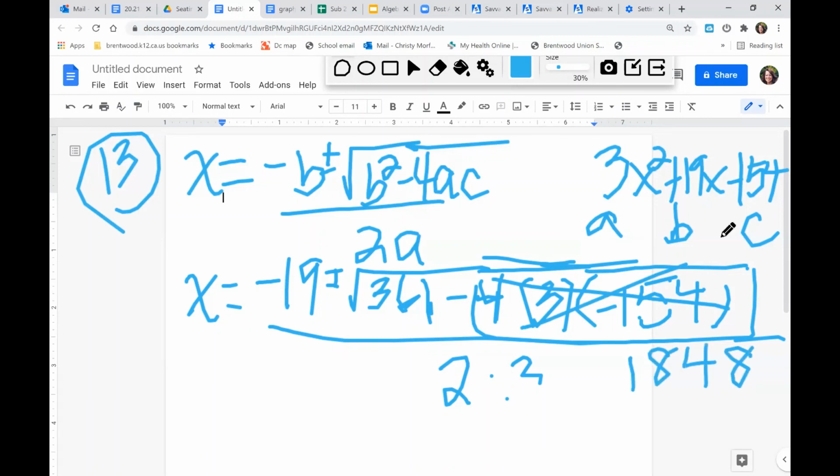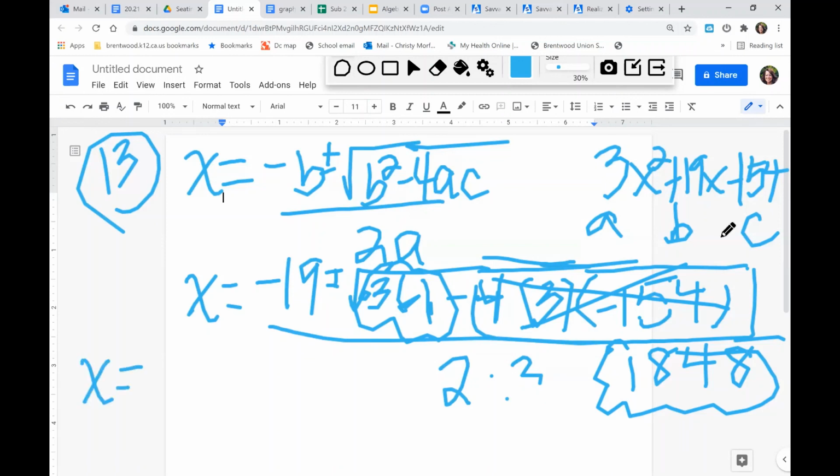So now I need to add 361 and 1848. It gives me 2209. Well, we just did 2209 in the last problem. It was 47 squared. So again, I've got a perfect square. The only reason I remember is because I remember 209 being in the last problem.